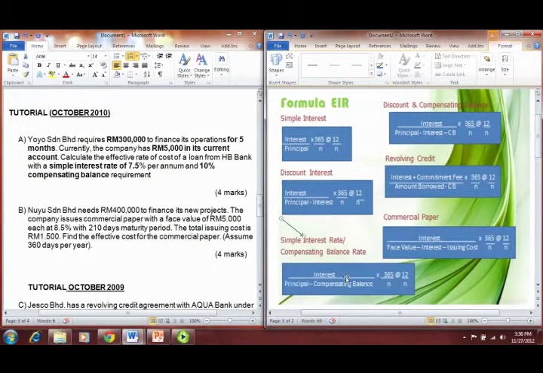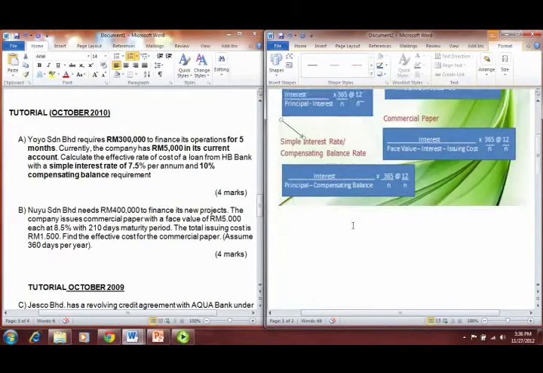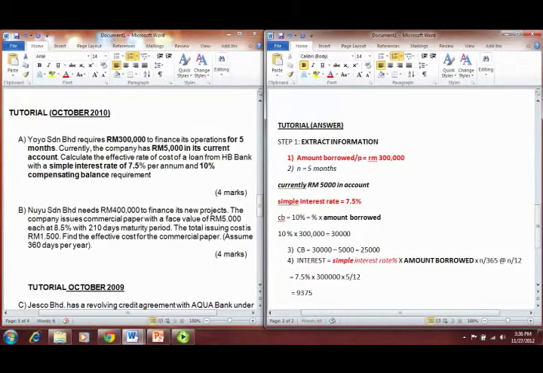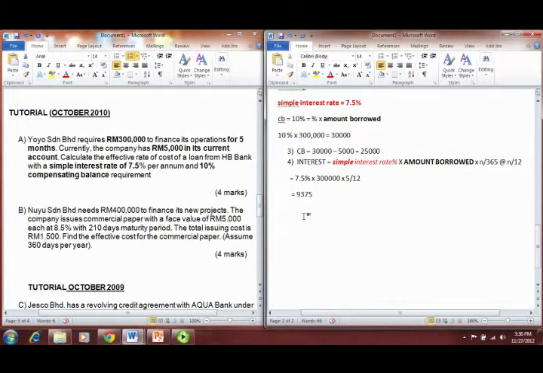You have interest, you have compensating balance. Based on this formula, interest divided by principal minus compensating balance. Principal is also known as your amount borrowed. So this is your principal.